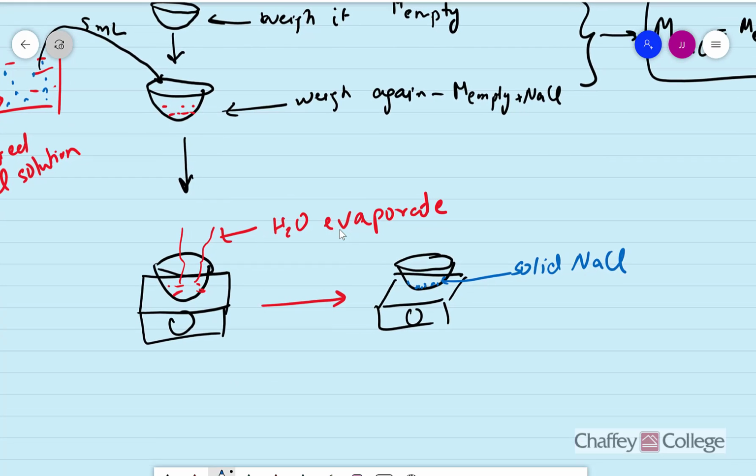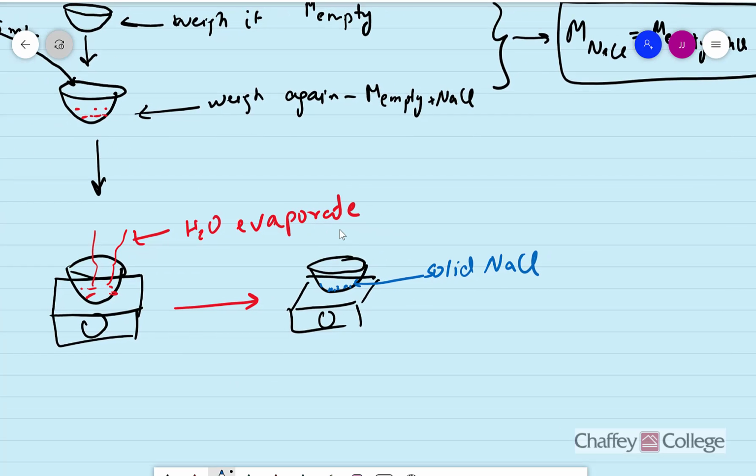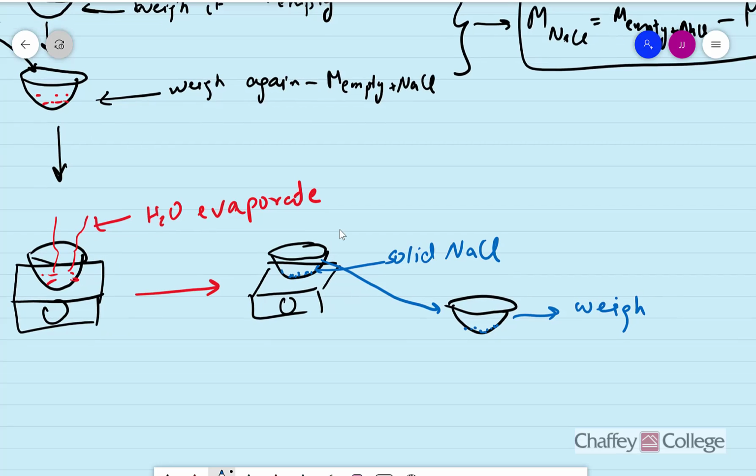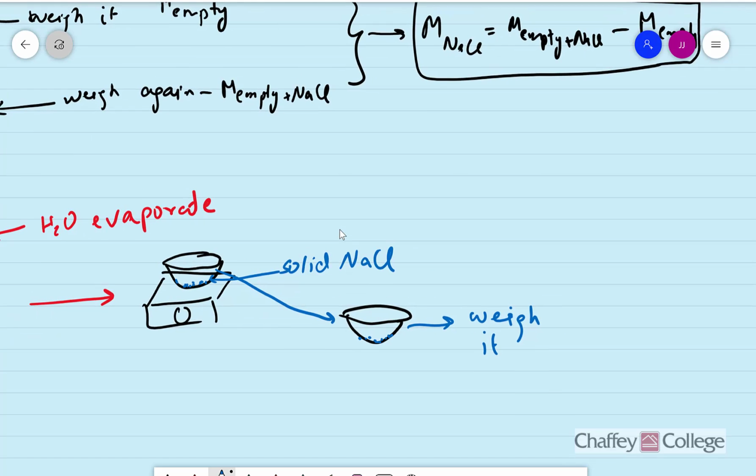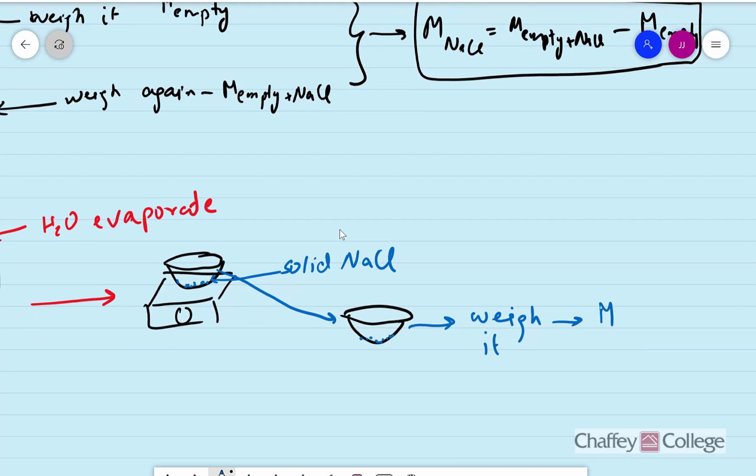Then we're going to take this container which contains the solid powder, and we're going to weigh it again. When we weigh it, we will get the mass of the empty dish plus the NaCl powder.